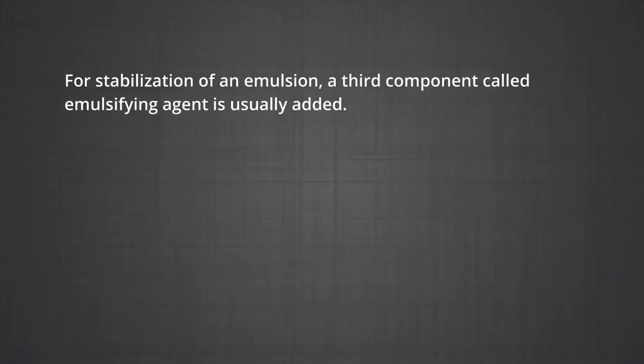Emulsions of oil in water are unstable and sometimes they separate into 2 layers on standing. For stabilization of an emulsion, a third component called an emulsifying agent is usually added. The emulsifying agent forms an interfacial film between suspended particles and the medium.